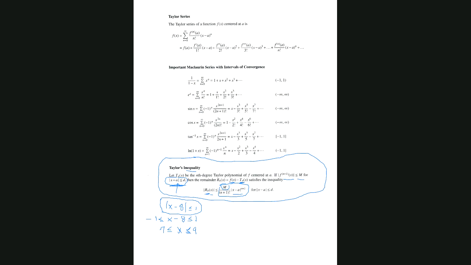Okay, so really you don't need to concern yourself too much with the absolute value of x minus a less than or equal to d part of the theorem, because when they give the interval that they're interested in, it'll actually sync with how they stated it in the theorem.